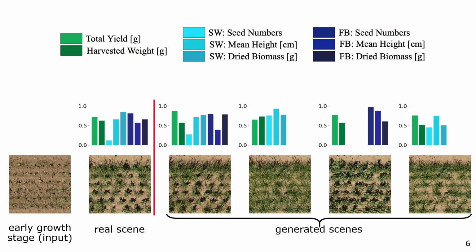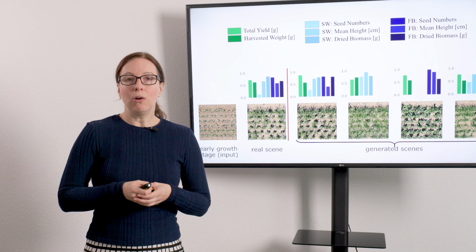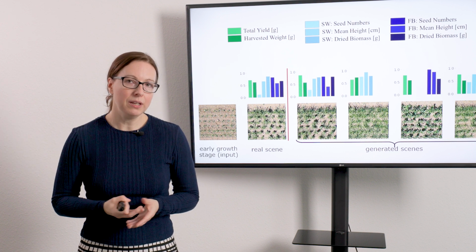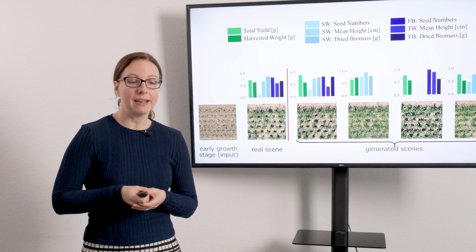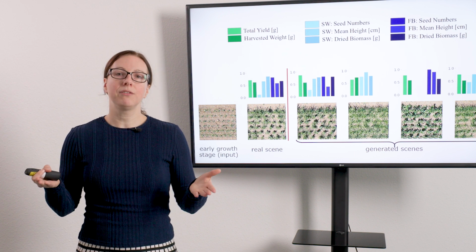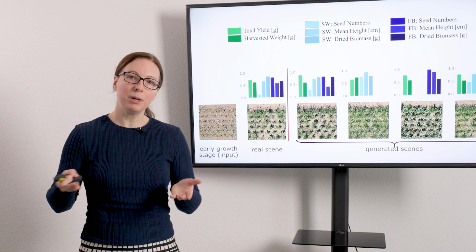And here you can see results which we presented in our paper, where we generated images with changed factors of variation. Our data set contains UAV images, which were captured in Campus Klein-Altendorf, where we have different mixtures of spring wheat and faba bean.